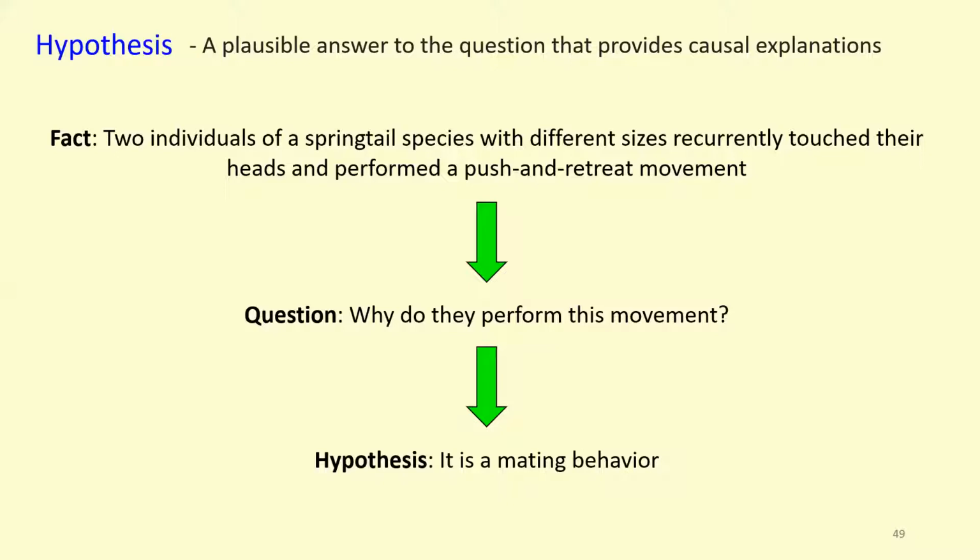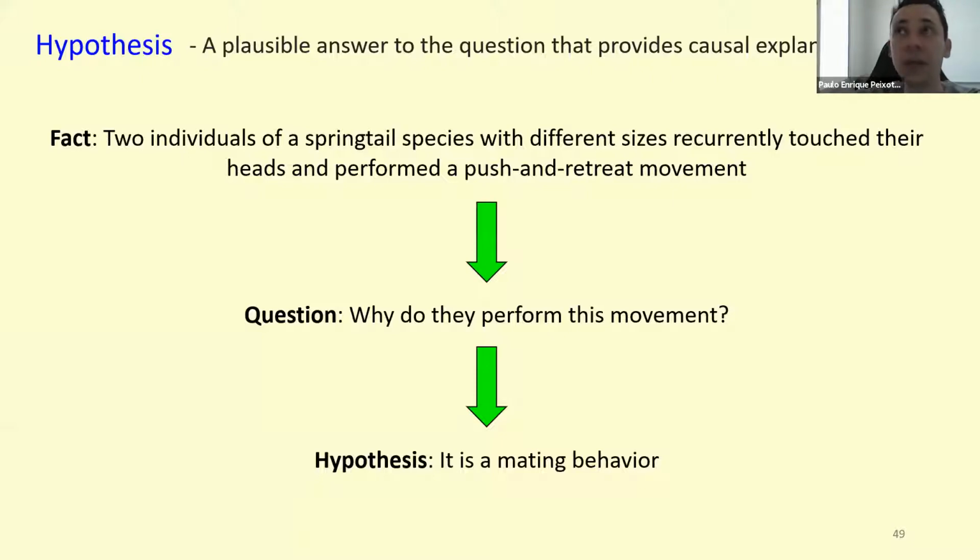So I work with sexual selection, so I have a natural tendency to think about hypotheses that involve sexual selection, okay? And I will change this hypothesis. But also remember that what I'm providing here, that it is a mating behavior, most classes that I teach the structure, it is the information that people provide when they are describing the fact.